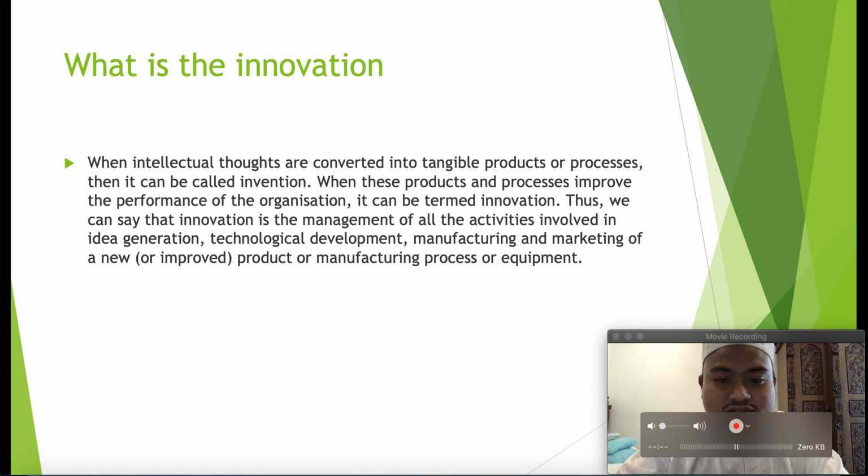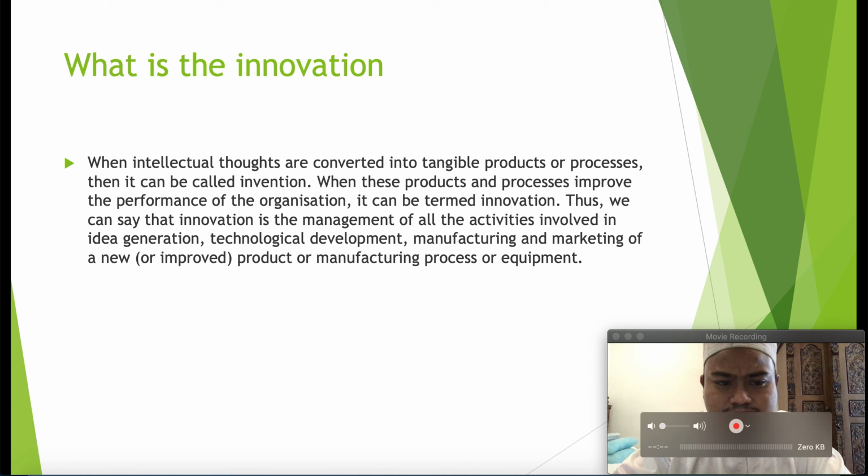When this product and process improve the performance of the organization, it can be termed innovation. Thus we can see that innovation is the management of all the activity involved in idea generation, technology development, manufacturing, and marketing of a new or improved product, manufacturing process or equipment.